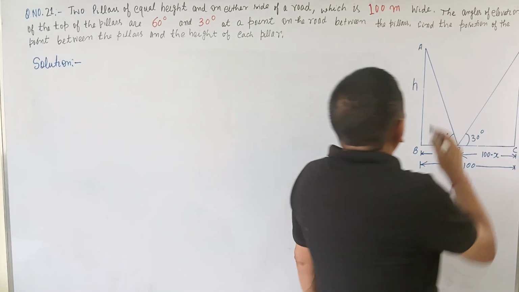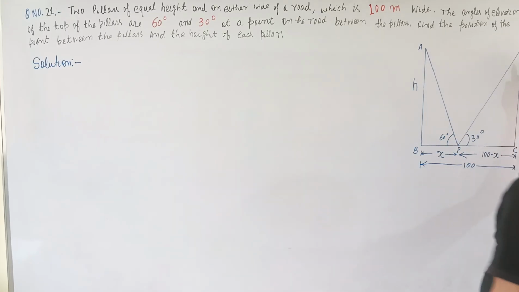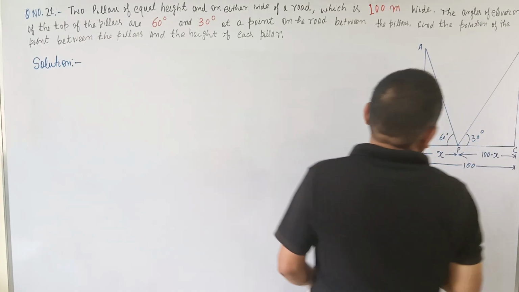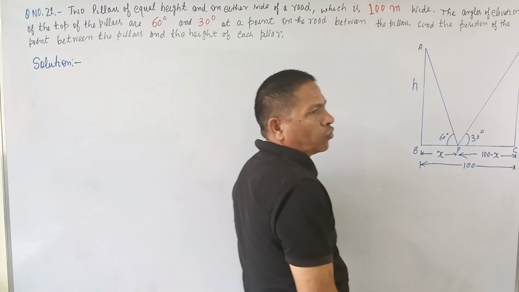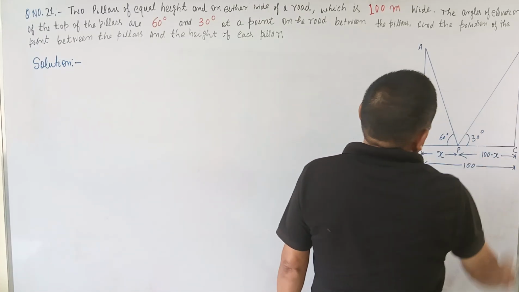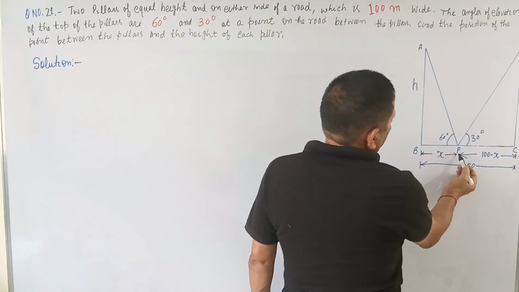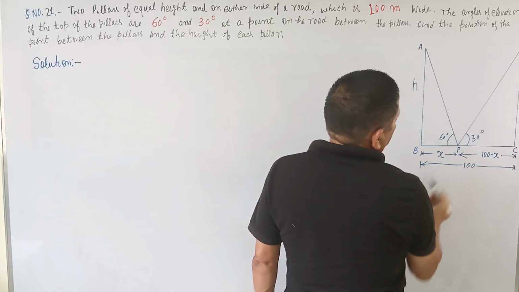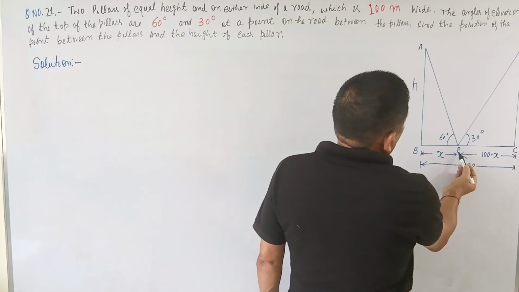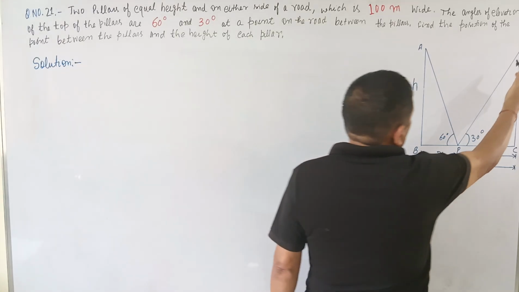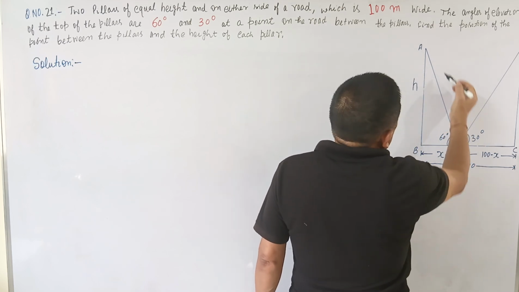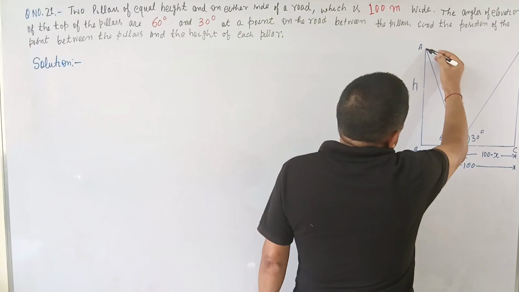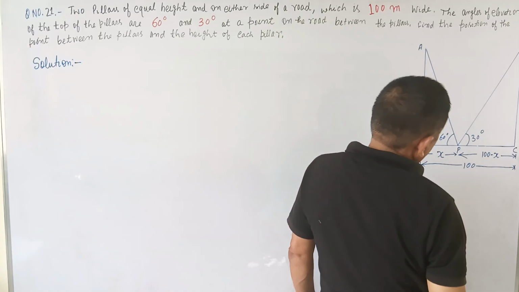So, as per the question, we can draw a diagram like this. Here, AB and CD are two pillars of equal height. Let's just say it is H. Now, if a person is standing at point P, that is on the road, and he sees the point D, it makes an angle of 30°, and from P, when he sees the point A, it makes an angle of 60°.